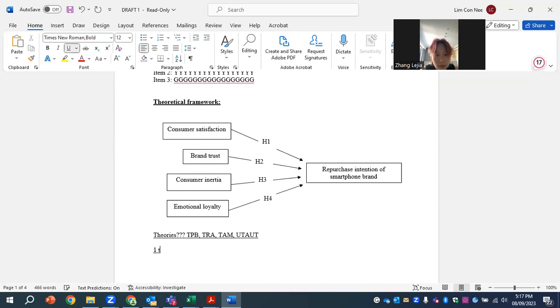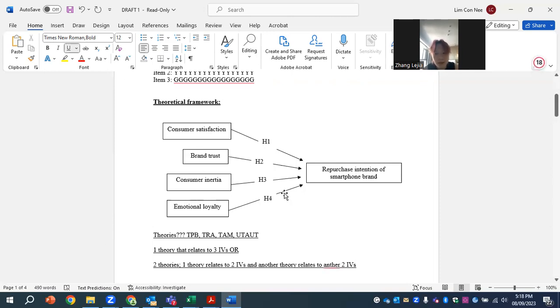You can have 1 theory that relates to 3 IVs, or 2 theories, each relating to 2 IVs.